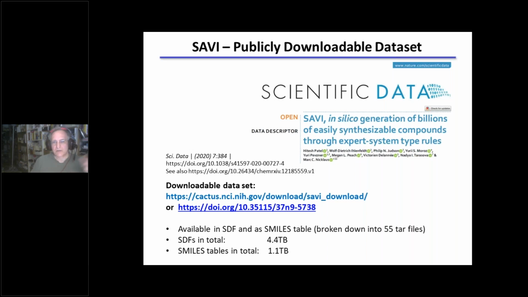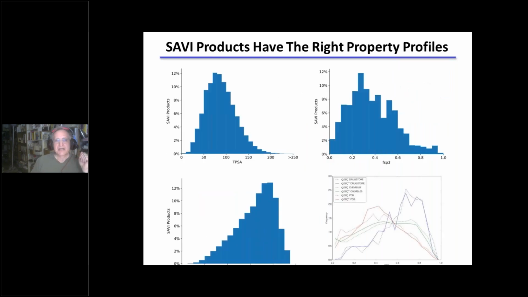Now, so we have more than 1 billion molecules. Well, are they good molecules? Are they interesting for drug design? So we tested the SAVI 2020 set along all kinds of properties that are typically looked at for drug and drug-like molecules, and I'm just showing a few. More are published in that paper that I just showed.